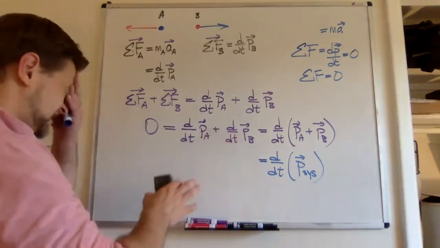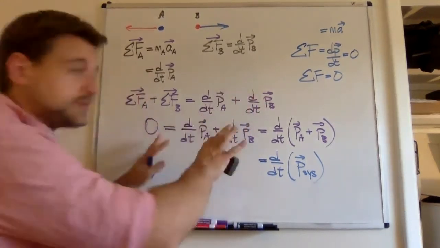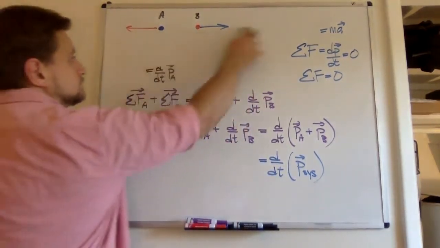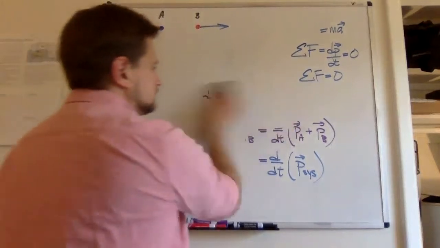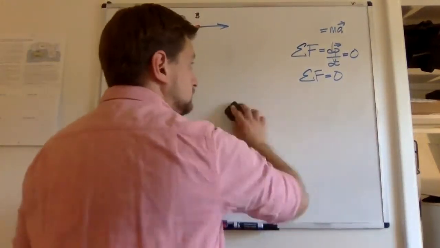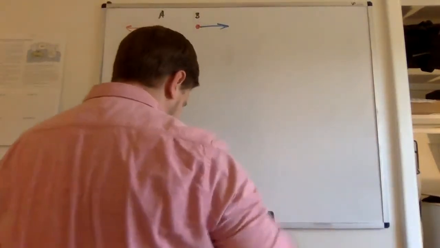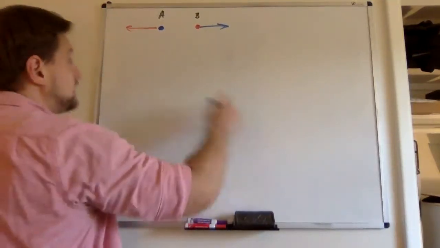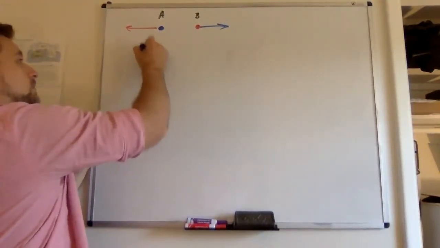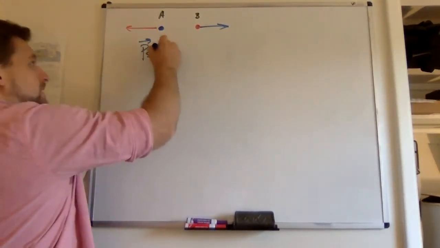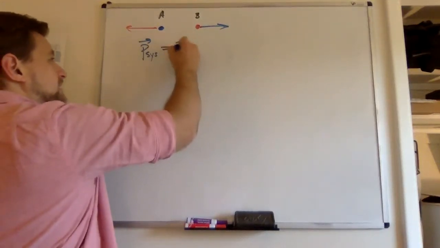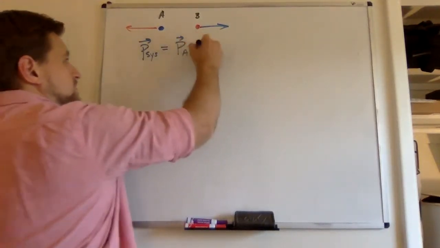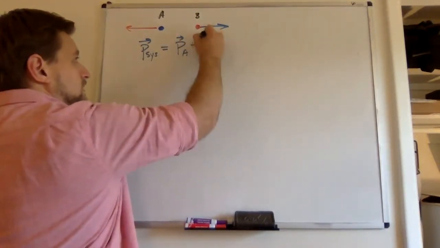So, okay, let me nutshell a couple things. We've said that we can write the momentum of a system as the momenta of its pieces added together.